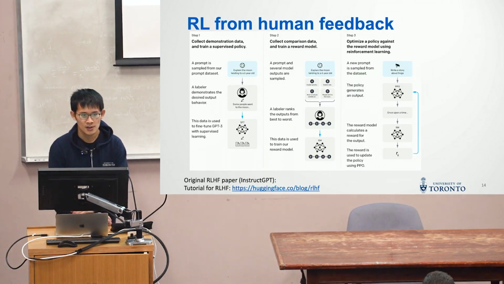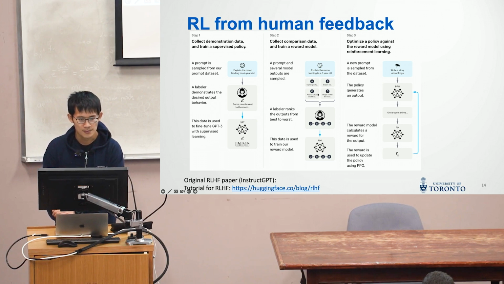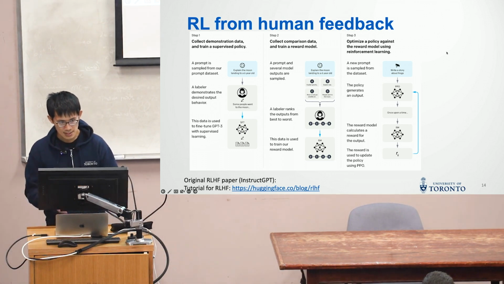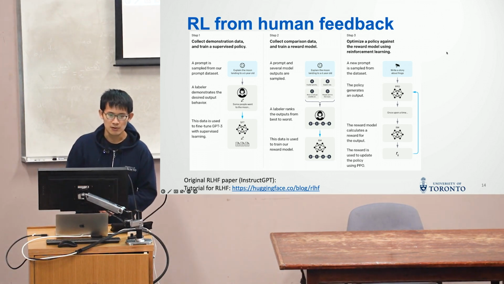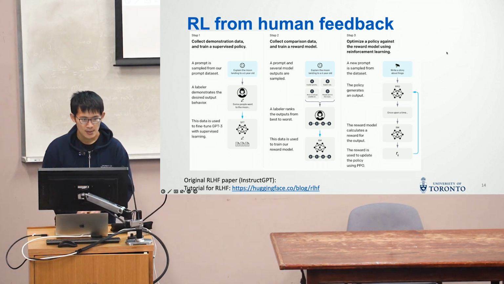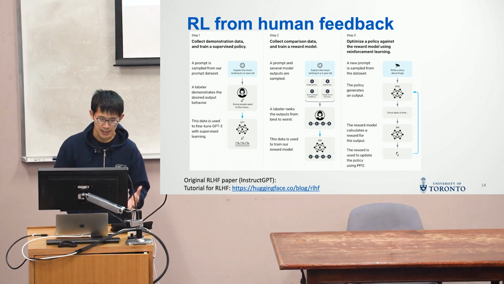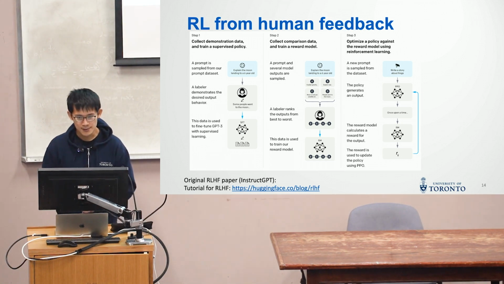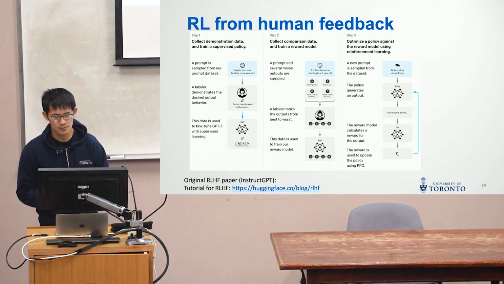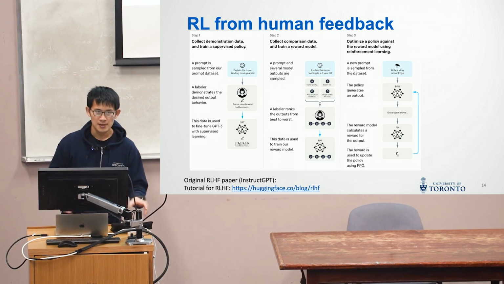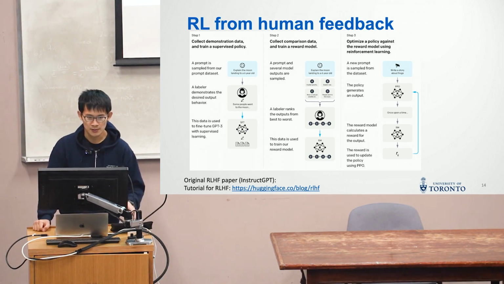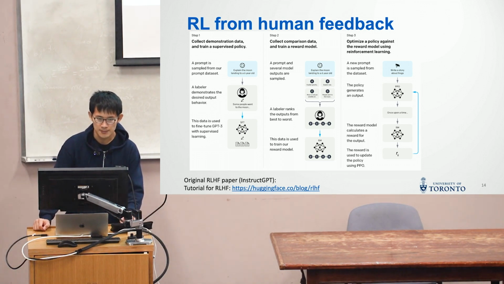And additionally, there are steps 2 and 3, which are reinforcement learning from human feedback. Step 2 involves collecting human preference data and training a reward model: given the same prompt, which of these 3 or 4 generations are humans going to prefer?